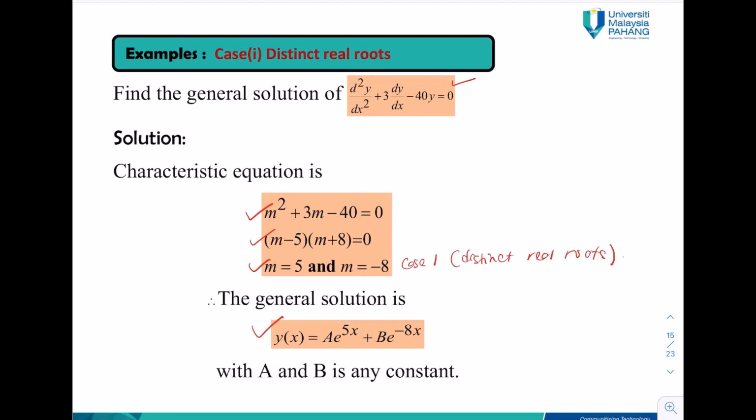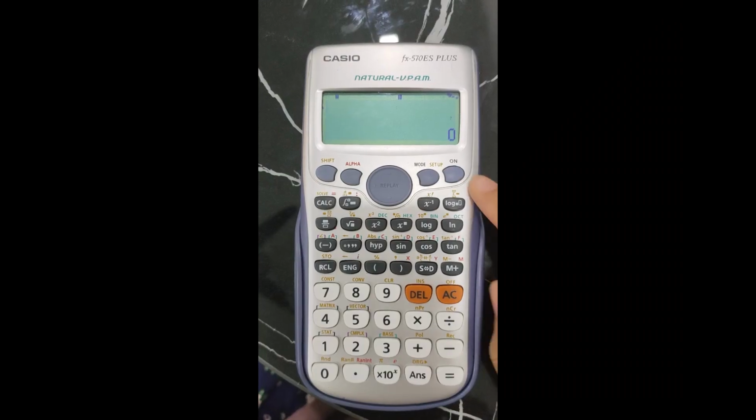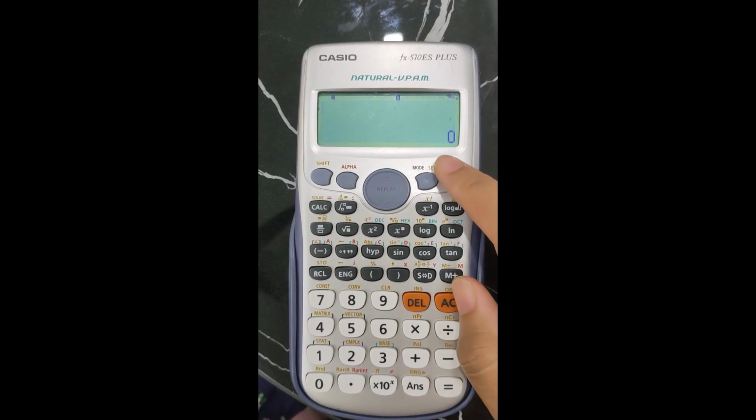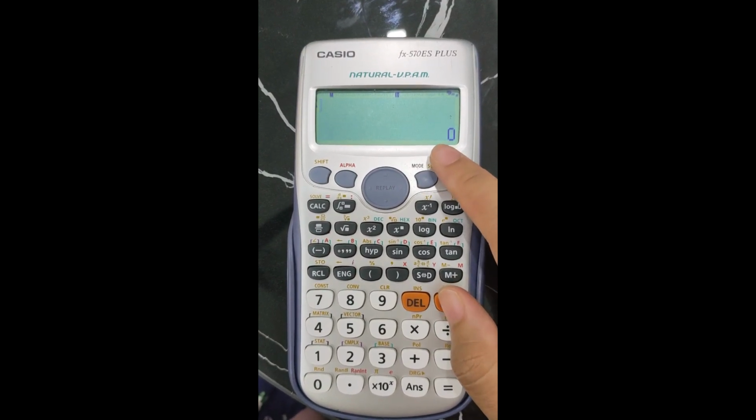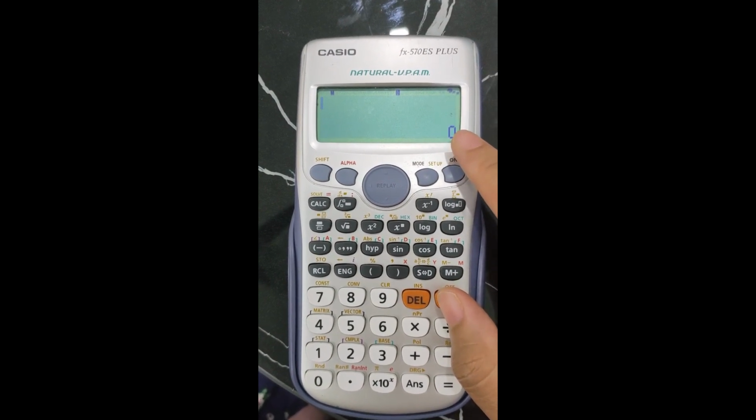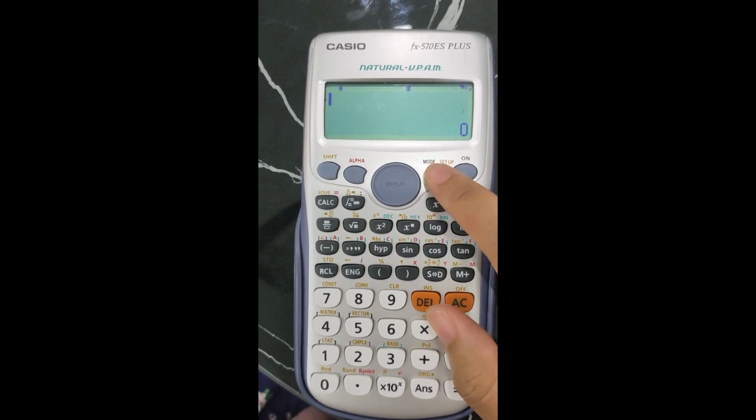Actually from here, you can just jump to the solution by using the calculator. You are able to use the calculator to calculate the roots of the previous characteristic equation.